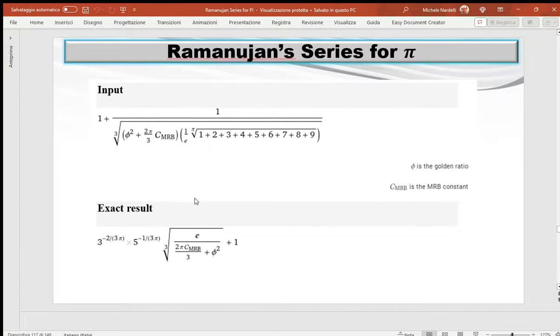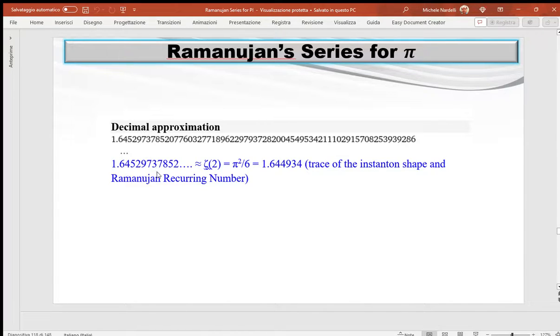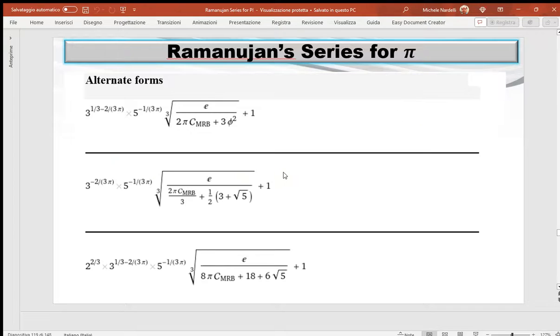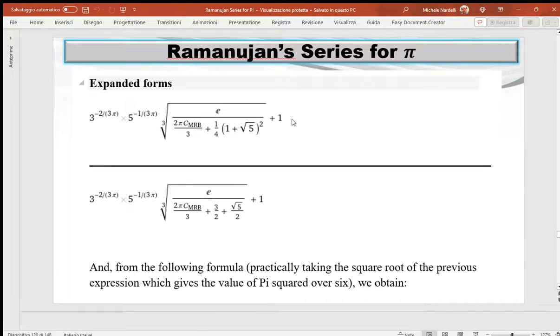From this formula we obtain the following result, that is equal to a value very near to pi squared over 6, practically zeta 2. Also here we obtain the alternate forms, expanded forms.